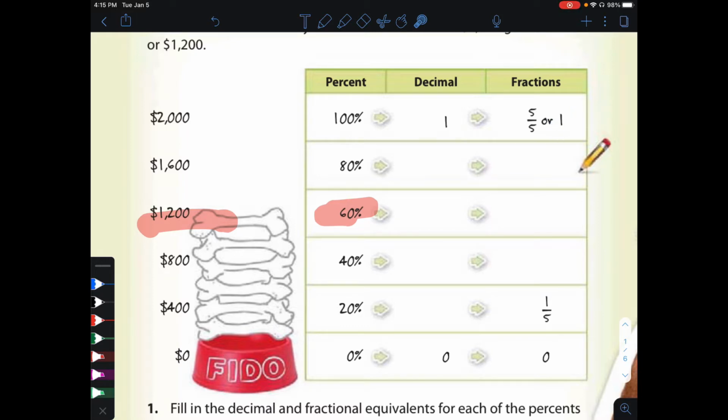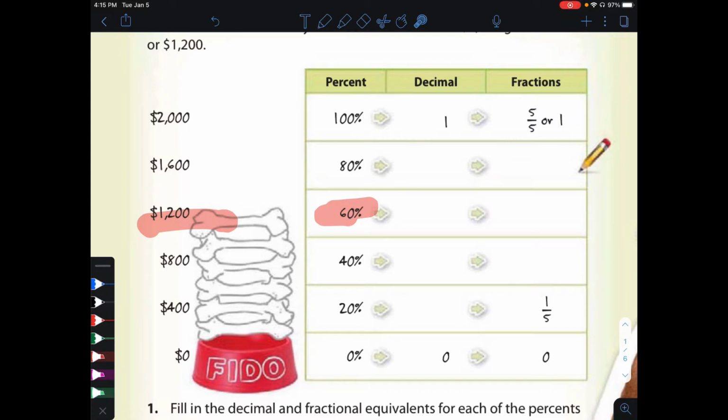Now why is it 5 over 5? Because if you notice, you have 5 rows of percents, 1, 2, 3, 4, 5. That means this has been divided into 5 parts. That's the reason why it's 5 over 5 or 1.